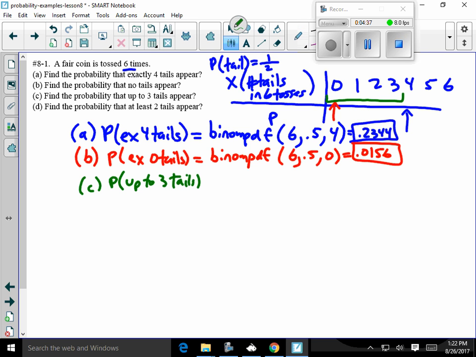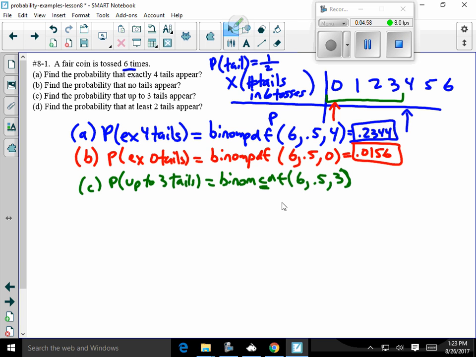But the calculator has a cumulative total function that does from 0 up to and including the 3 in a single step. That would be the binomial CDF, C for cumulative total, and that would be out of 6 trials, again, 0.5 chance of success having a tail, up to and including the 3, right?